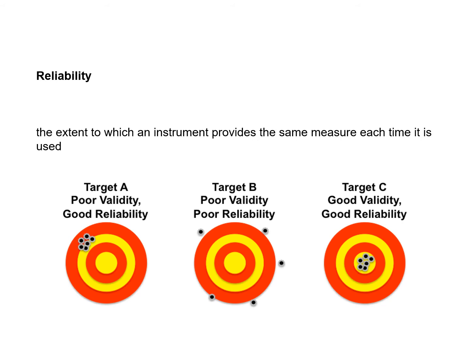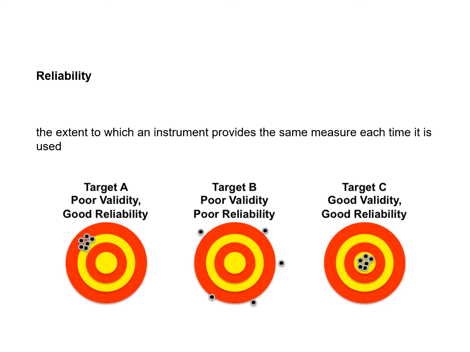At the other end, the third target represents a questionnaire with good validity and good reliability. All the shots are in the same place and they're all in the center of the target. Whereas the other target in the middle, target B, has got both poor validity and poor reliability.